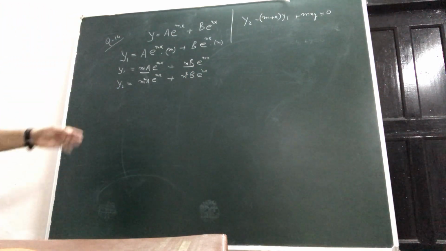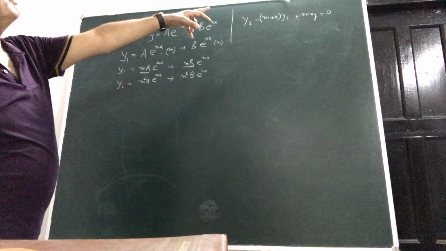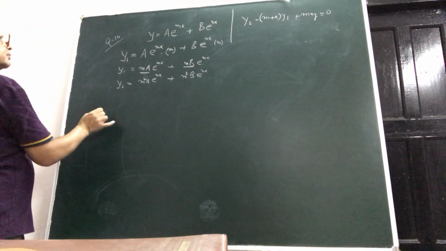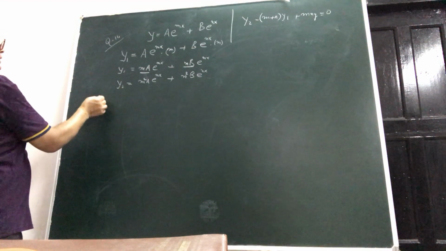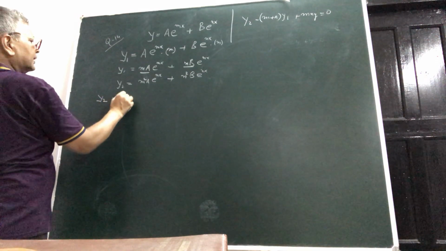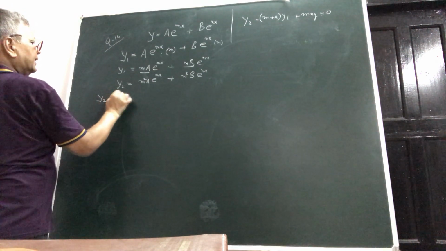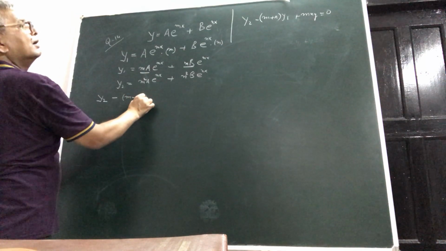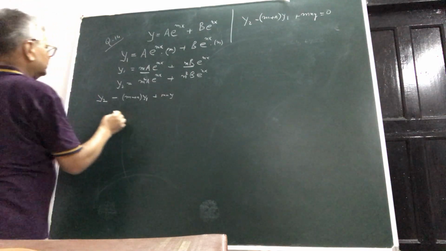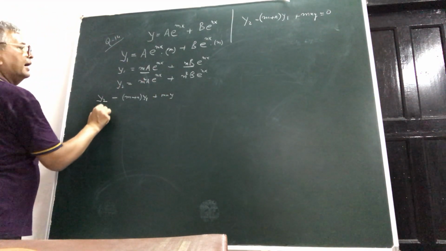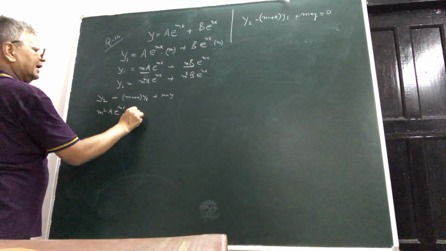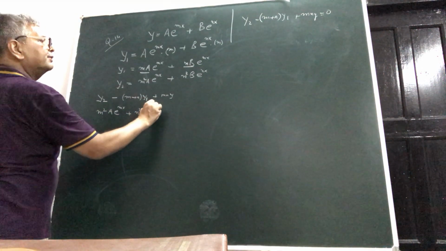Now this is quite simple. You want y2 minus (m plus n) y1 plus mn y. Let us put the values here. So y2 is this much: m square a e raised to power mx plus n square b e raised to power nx.